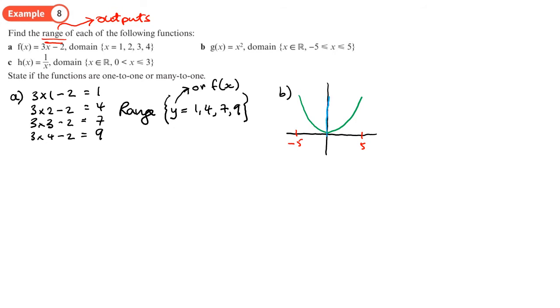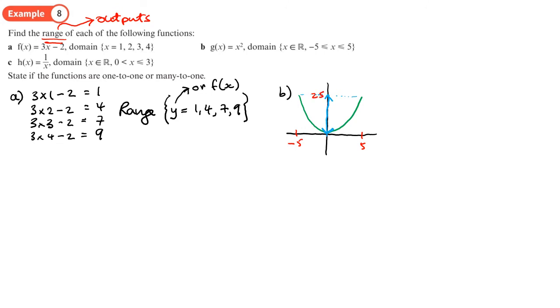Range is from 0 to whatever number it reaches up there. So I look along the y-axis to find my range, and this is where sketches help. Now, because it's the graph of y equals x squared, it's going up to 25.